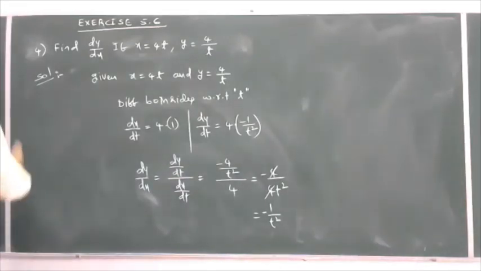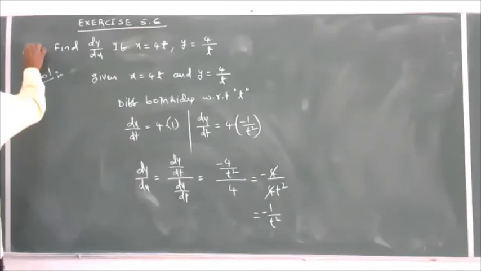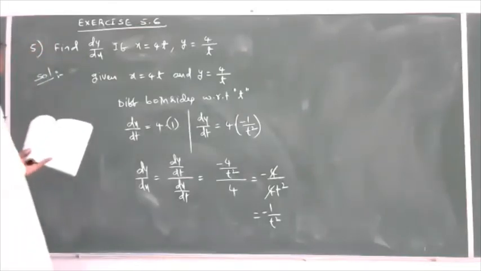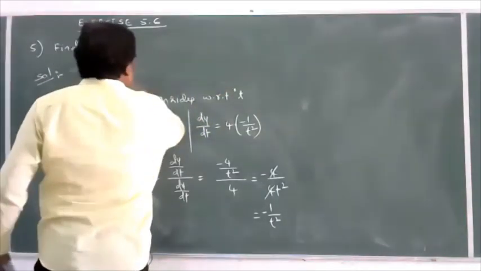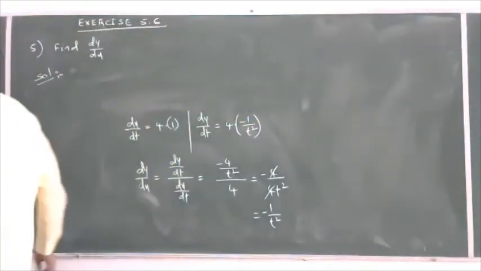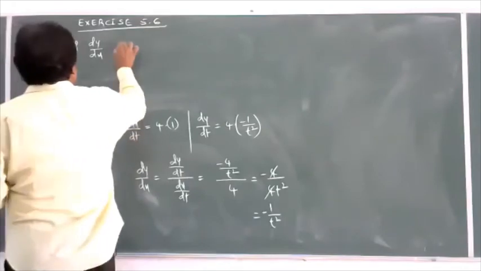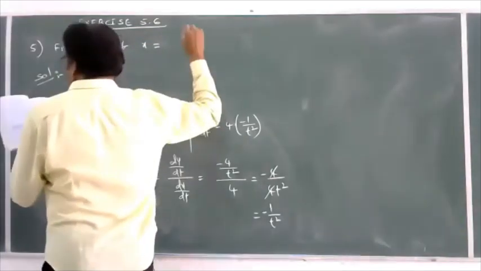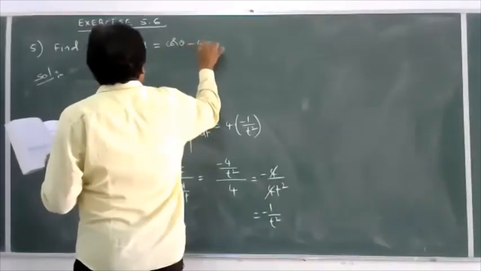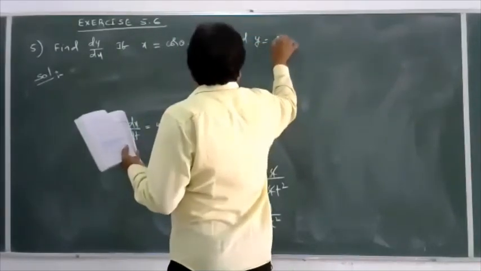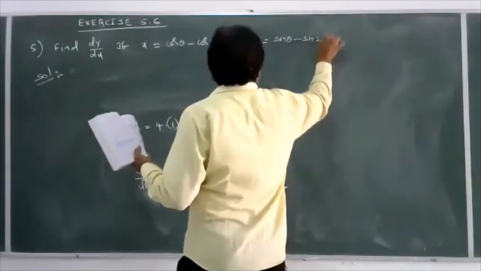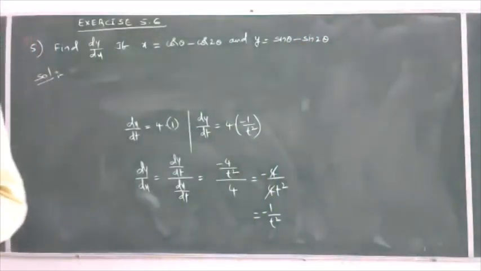Next, fifth problem. Find dy by dx if x is equal to cos theta minus cos 2 theta and y is equal to sin theta minus sin 2 theta.